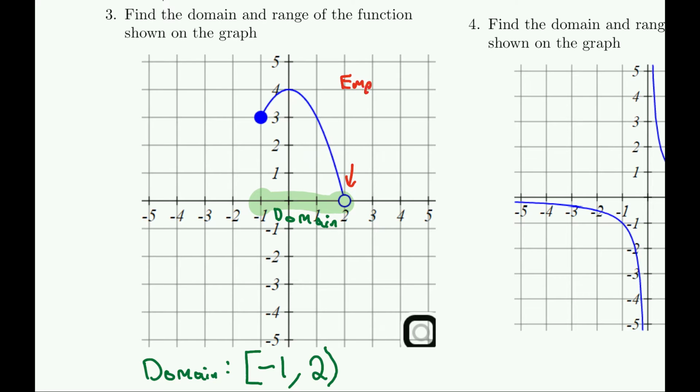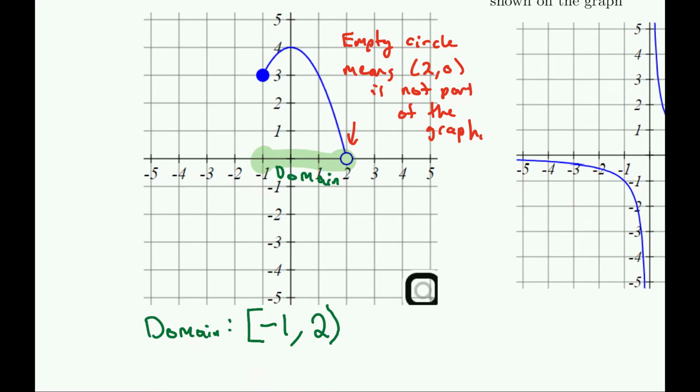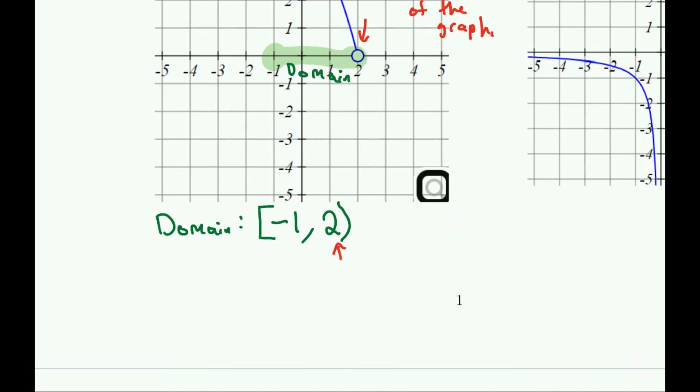So empty circle here means that this point, which is 2, 0, is not actually part of the graph. That's why it's empty. So since 2, 0 is not part of the graph, then we want to leave out the 2 right here.